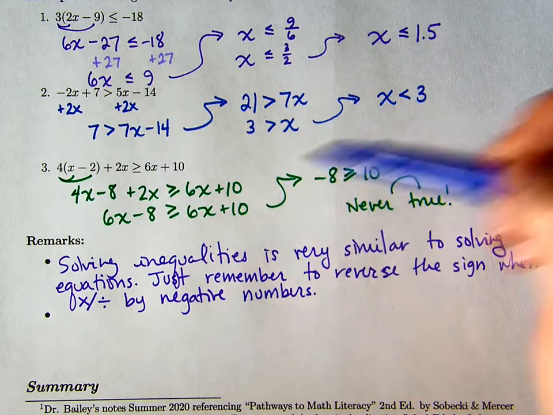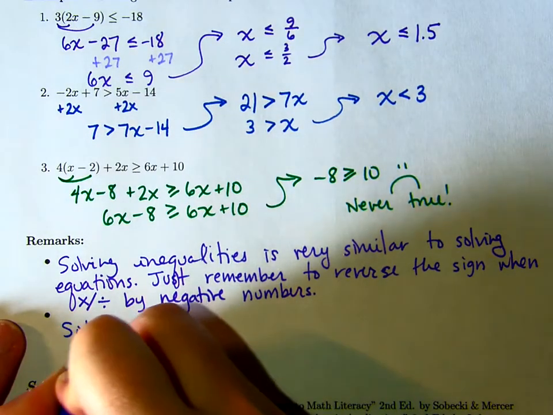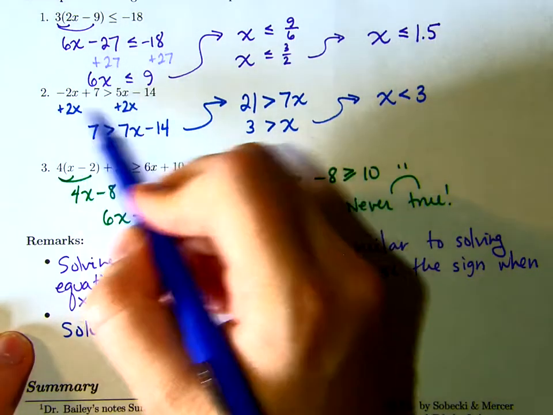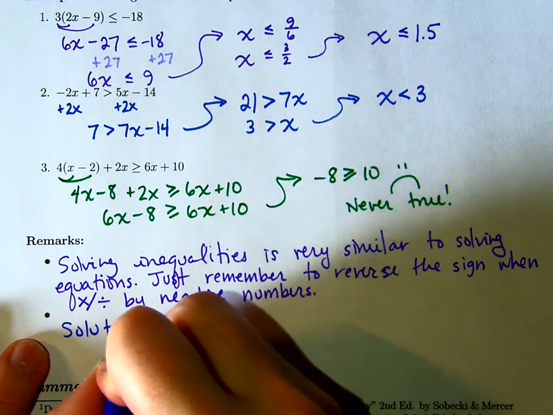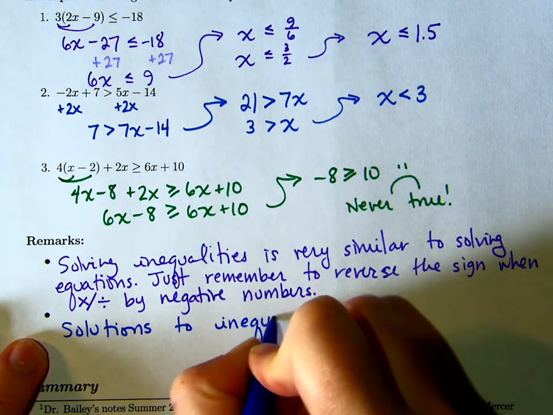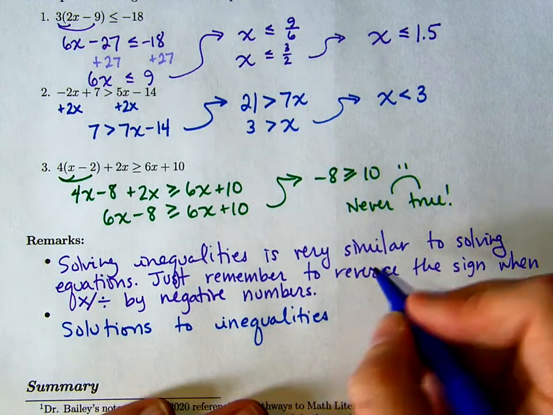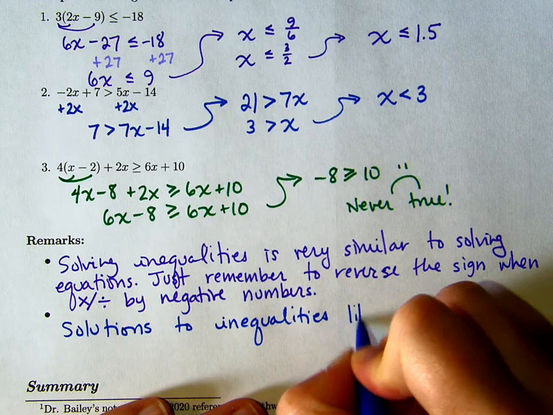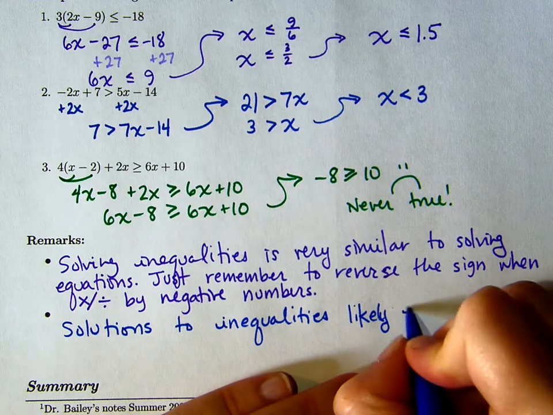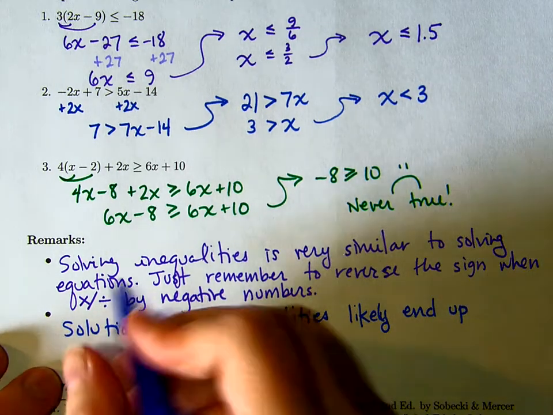But here, this is really indicating that there are many things that will work in this original inequality. So solutions to inequalities typically or likely end up including many values for x.